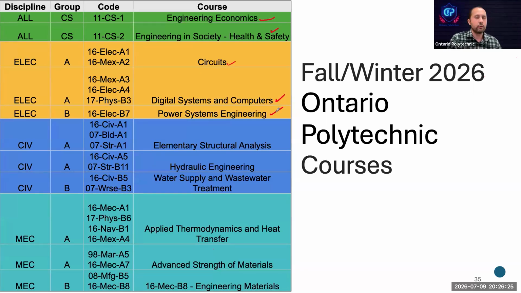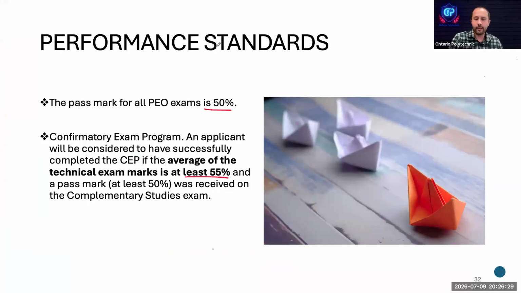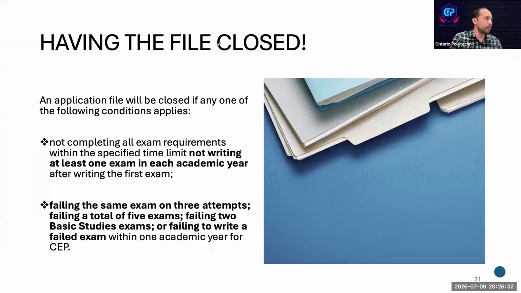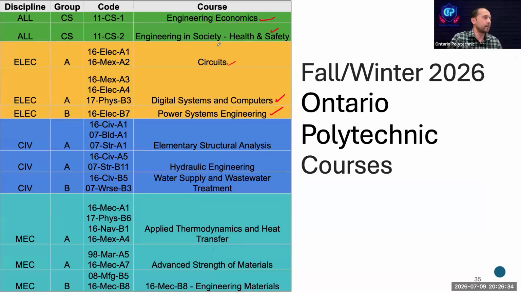If you want to take advantage of the good performance policy, I suggest taking these two. Circuits and digital systems and computers are the easy ones. If you take these two from group A, you will pass with a 65% mark and you are good to go.